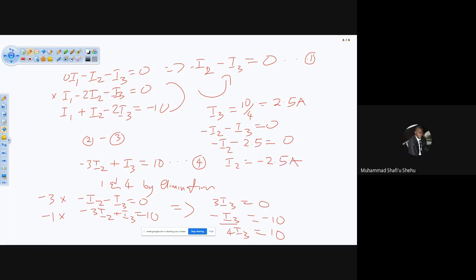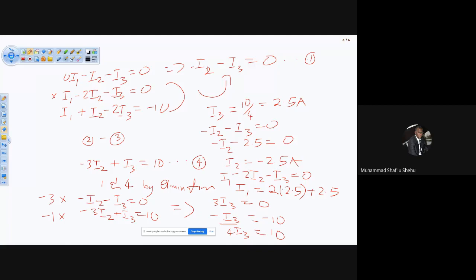Then by substituting into equation 2, we're going to have our I1. And now we have I1 minus 2I2 minus I3 equal to 0. So by substitution, our I1 is now equal to, if we take the I2 and I3 to the other side of the equation, just 2 times 2.5, or plus 5.